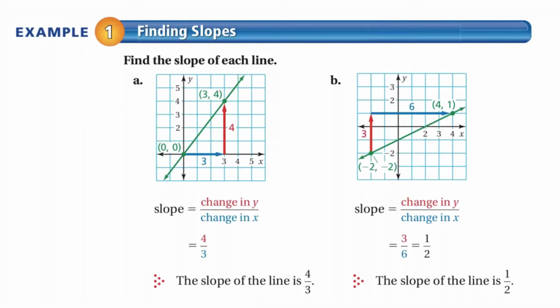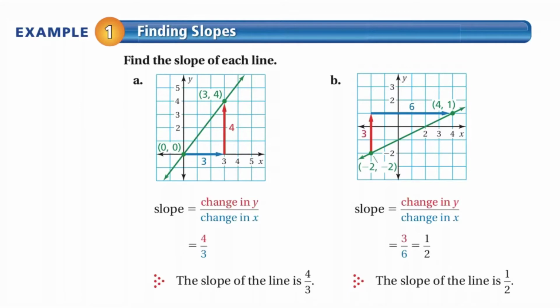So for A, it goes from 0 up to 4, just looking at the y portion of the coordinates. So the change in y is 4. For the run, the change in x, it goes from 0 to 3, which is a change of 3. So for that first green line, its slope is 4 over 3.